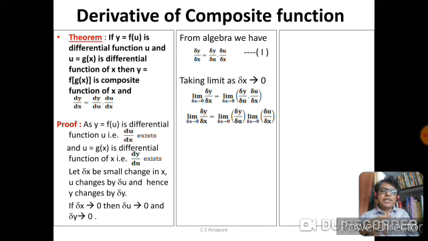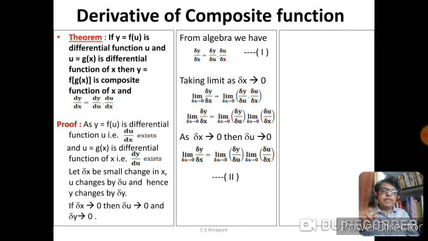We separate the limits on the two terms on the RHS, and we change delta x tends to 0 to delta u tends to 0 in the first term on the RHS, and we get equation number 2. Limit delta x tends to 0, delta y by delta x is equal to limit delta u tends to 0, delta y by delta u into limit delta x tends to 0, delta u by delta x. And now we will move here.